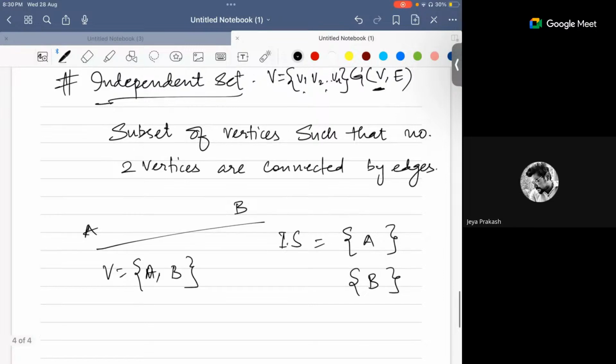So here in the independent set, there's a concept of maximum independent set.